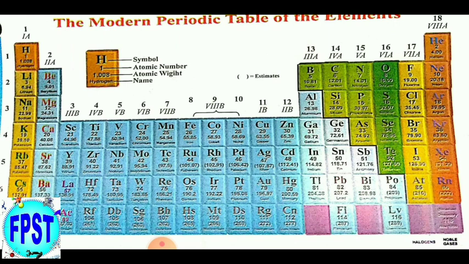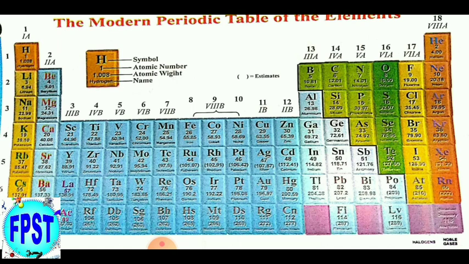Its electronic configuration is 1s2 2s1, meaning the last electron is the first electron in the s orbital. In the same manner, sodium is the third element in the first group with the electronic configuration 1s2 2s2 2p6 3s1.